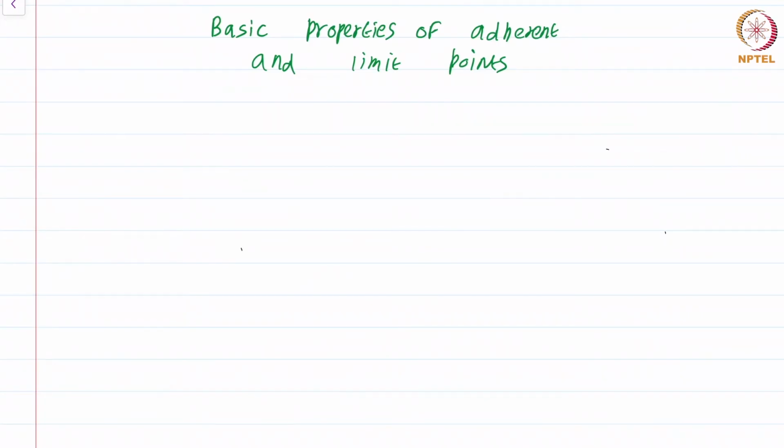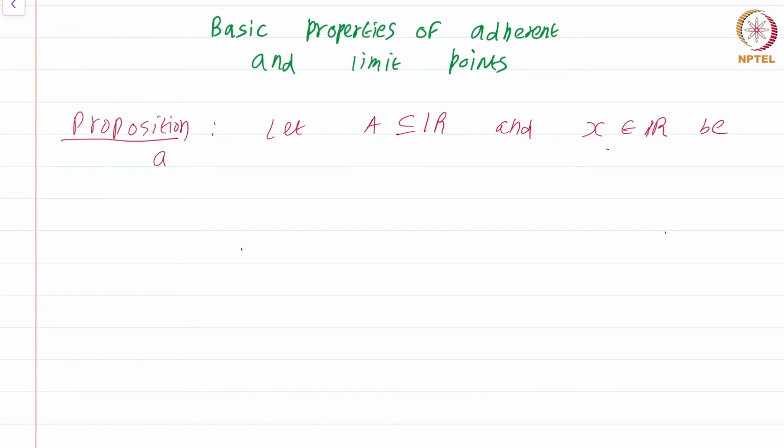In this module, let us discuss some basic properties of adherent and limit points. So we immediately begin with a proposition. Let A be a subset of R and x in R be a limit point.